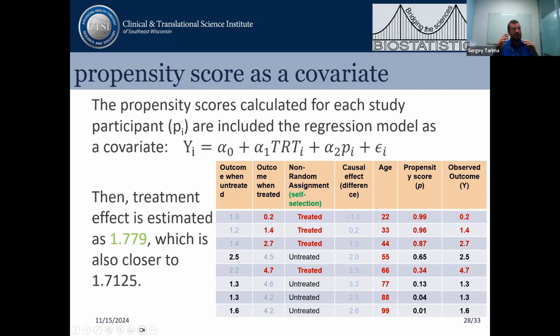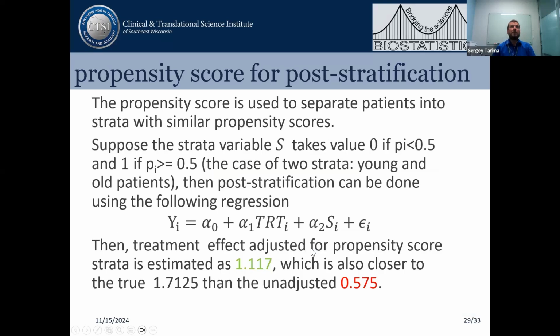But typically, across all of these possibilities which we consider, like inverse probability weighting, using the score as a covariate, stratification, matching, inverse probability weighting is typically the most reliable and most popular approach to use propensity scores. There were multiple simulation studies which supported that.